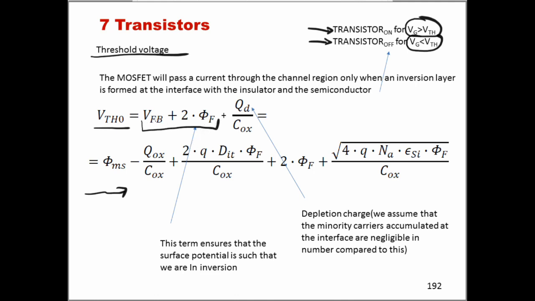VFB is the flat band voltage that we've seen some time ago. 2VF, if you remember when we looked at the MOS device and we were dealing with the depletion region, we did see that there was a parameter phi F that was effectively used to separate the depletion region from the inversion region.